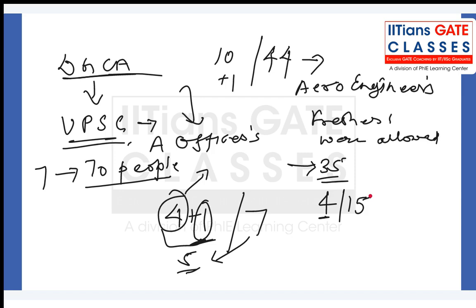So 15 people appeared from IGC and we got 4 out of that. Then what about the other people, those who were not from IGC, including this one person? Out of 70, minus 15, that is 55. So out of 55, how many got in?